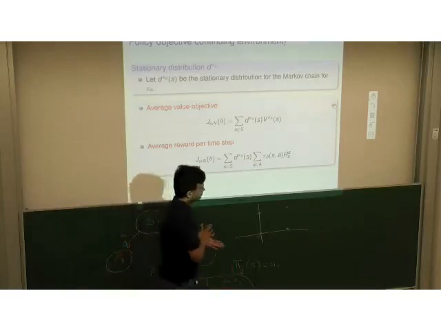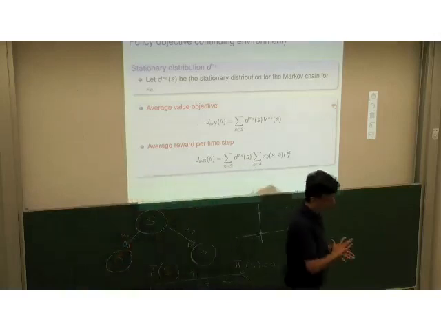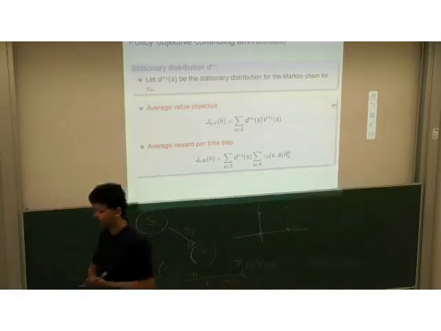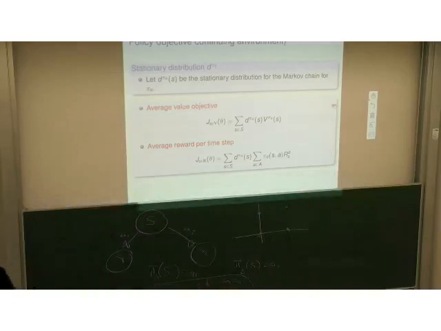Usually, these are defined in terms of what is called the stationary distribution of a Markov chain. So before I either spend time explaining this or not, how many people know what a stationary distribution of a Markov chain is?